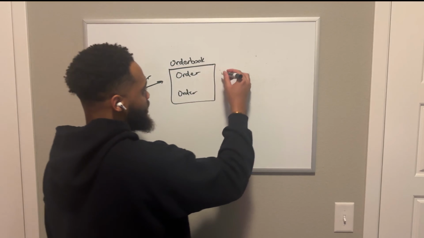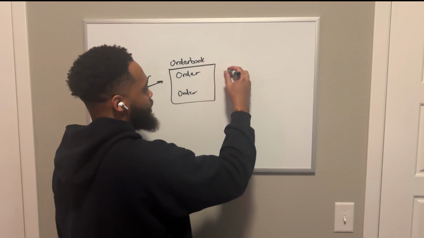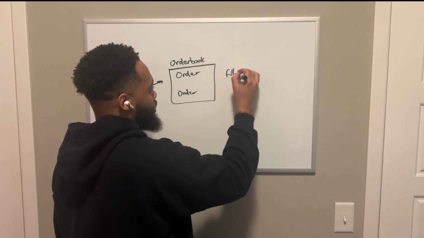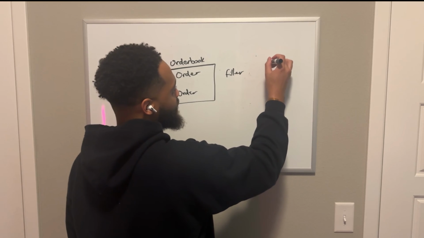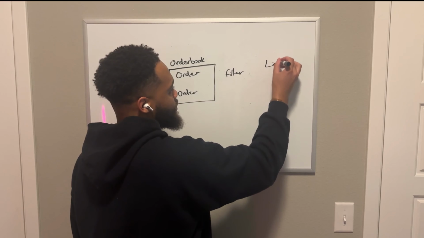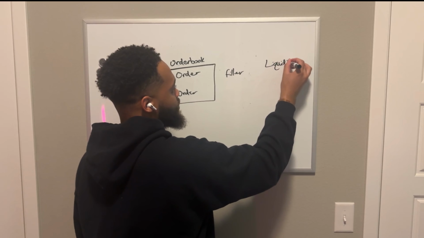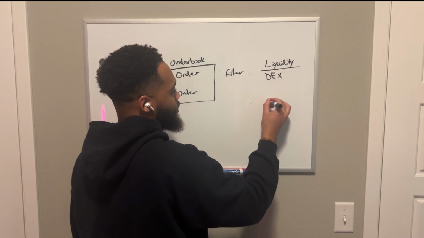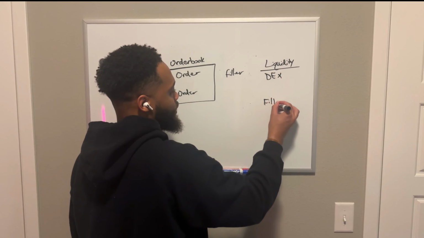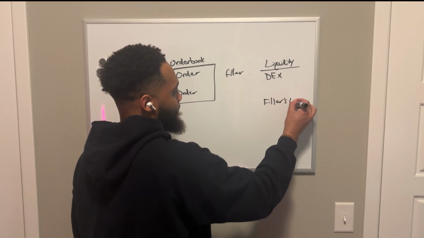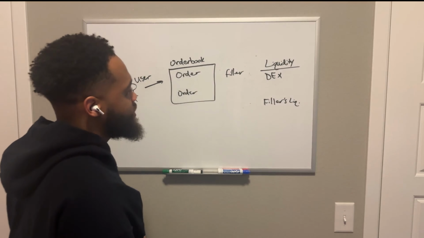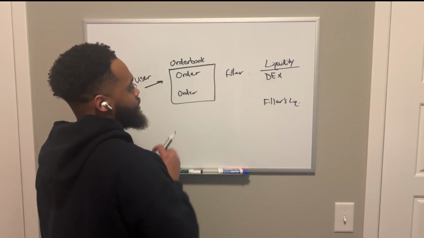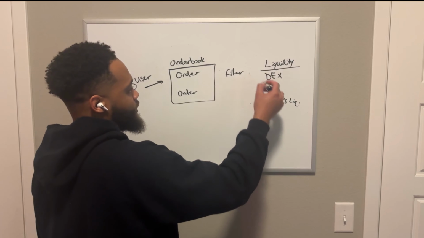Okay. And then in between the order book, the orders on that order book, and the liquidity it executes against, you have the filler. Okay. And then the filler, they will execute your orders against liquidity found on a DEX or their own liquidity, right? So this essentially ensures that the filler will always execute your order because there's an arbitrage opportunity, right?